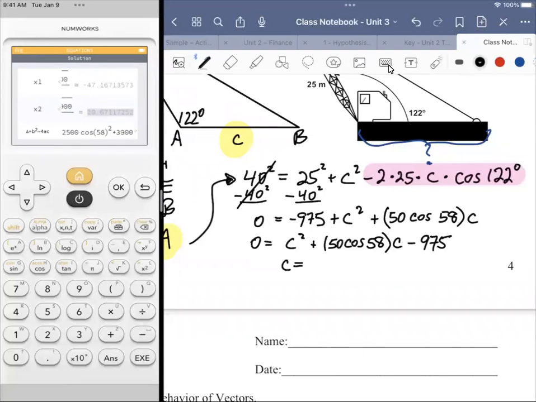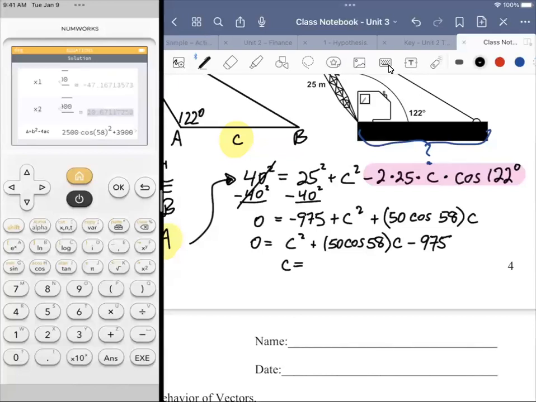Like if my first answer was 1.28, and my second answer is 20.67, based on the context, I'm going to say, yeah, I think this distance looks like it's a little bit more than 1.5 meters. So I'm going to go with the larger one. But if they're both negative, then you're looking at something that doesn't have a solution. Right. In those cases, it's either I made a typo, not inconceivable, but more likely that you made a mistake in the computation somewhere.